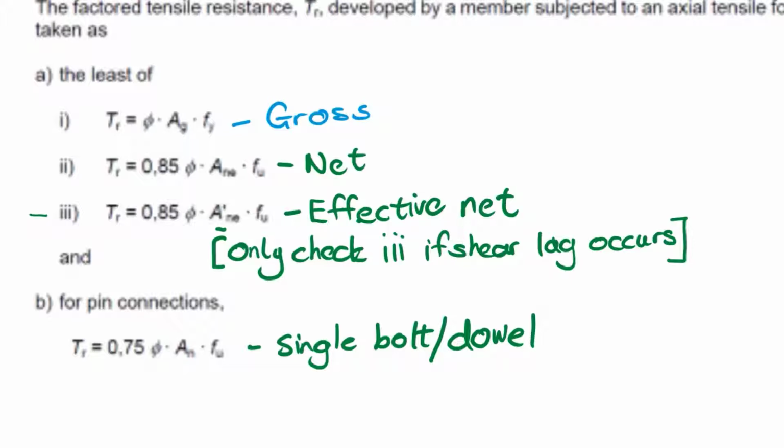And so now, just to remember in terms of details, you've got your Fy, which is yield, and your Fu, which is your ultimate tensile strength.